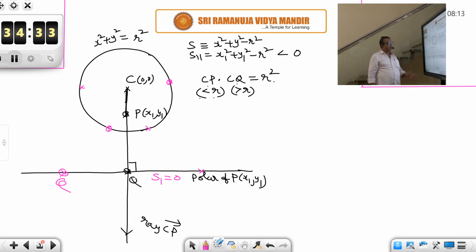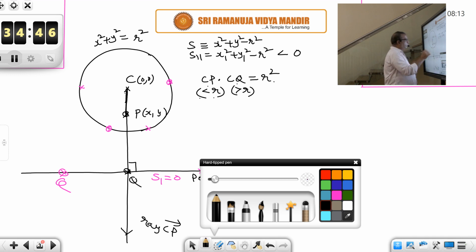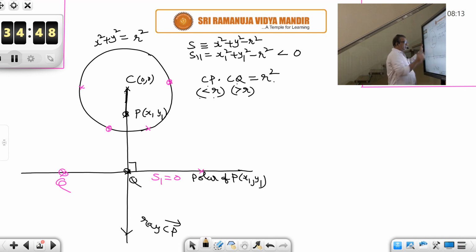So the polar will be, so let us prove this first. See, polar of the point P is what? S1 equal to 0. Of course, I have not proved it. Polar is S1 equal to 0. I will prove it later.